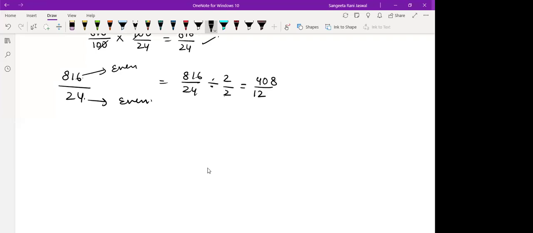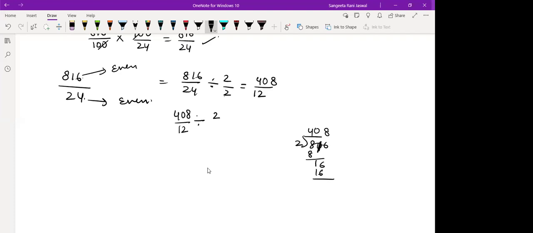You can do it like this also. 2 4s are 8, then 1 here, then you have 0 here, 16, like this. Now the next number can still be divided. I'm dividing this again by 2.